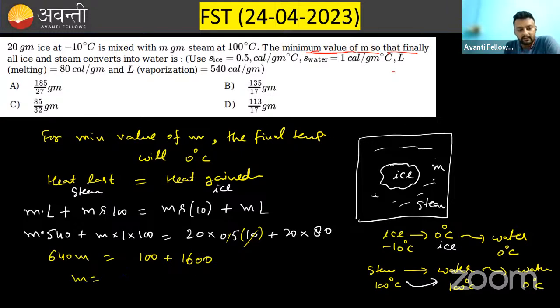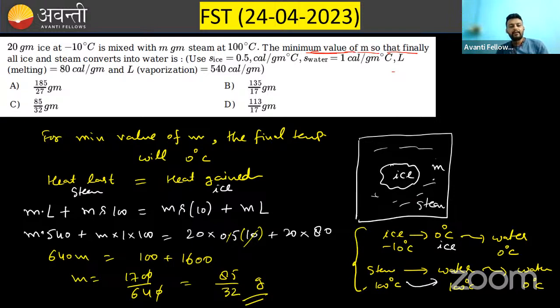So m will be 1700 by 640, cancel 0 and 0. If you divide it by 2, you will get 32 in the denominator and 85 in the numerator. So that is 85 by 32. These are the processes happening. Is it clear? Moving further.